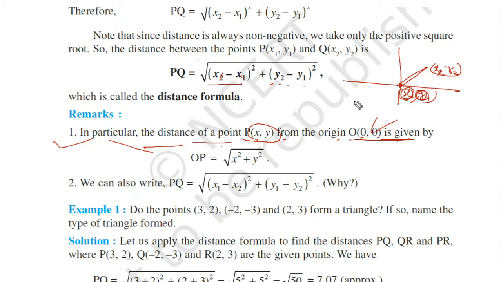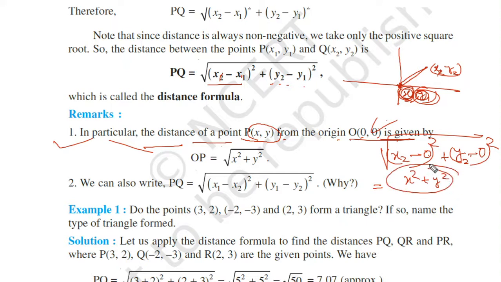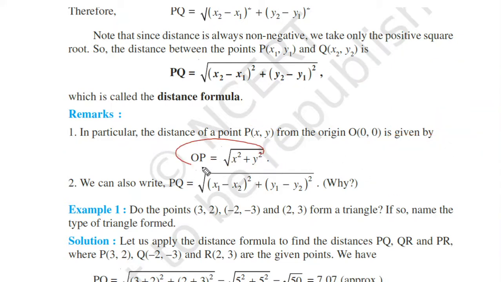Now your formula will be like this. You will write x2 minus 0, as x1 is 0, whole square, plus y2 minus 0, as y1 is 0 since it is the origin, square, root over. 0 square is no value, so x2 square plus y2 square. But the point given was x, y, therefore that will be x square plus y square. So the length of OP will be the square root of x square plus y square.